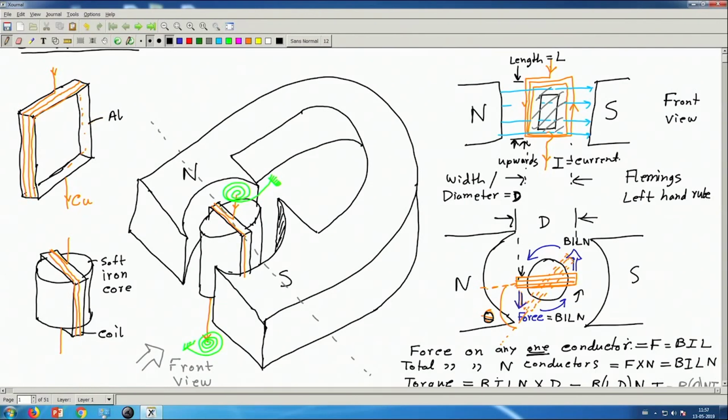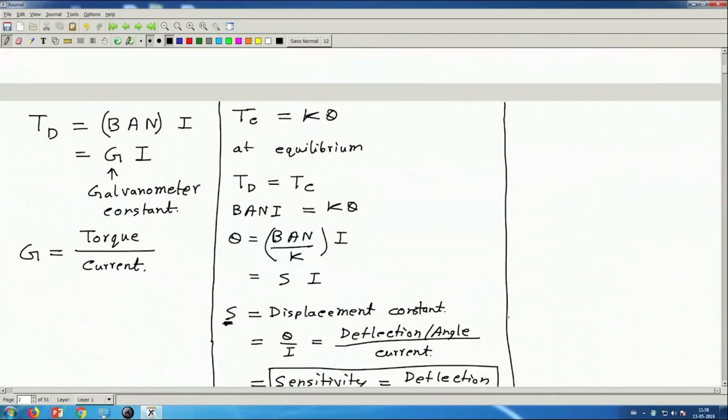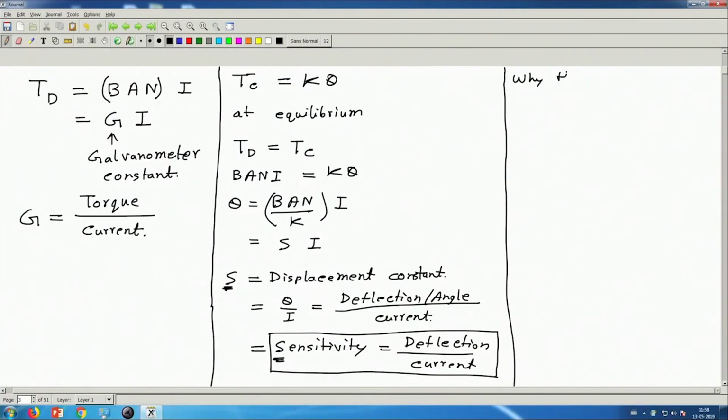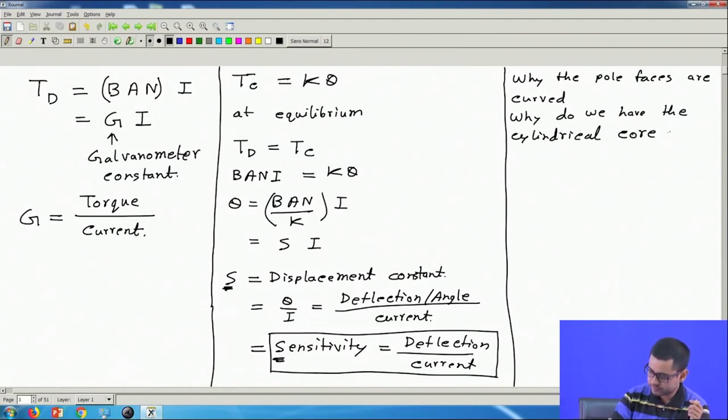Basically, I am going to talk about why we have the pole faces curved like a cylinder, and also why we have the cylindrical core. So, let us look at these questions briefly.